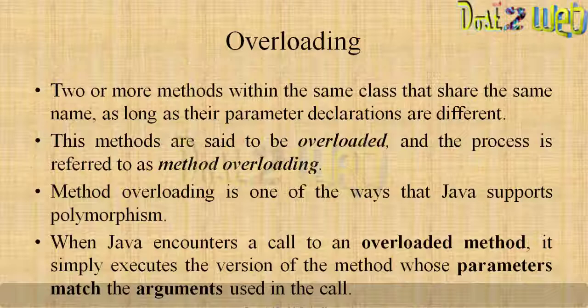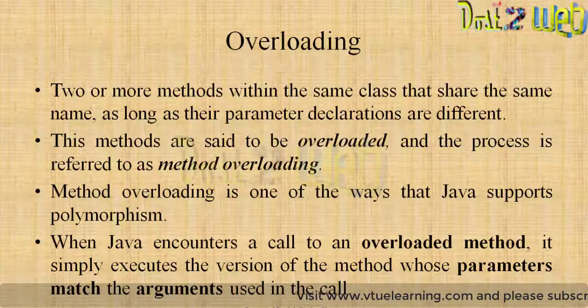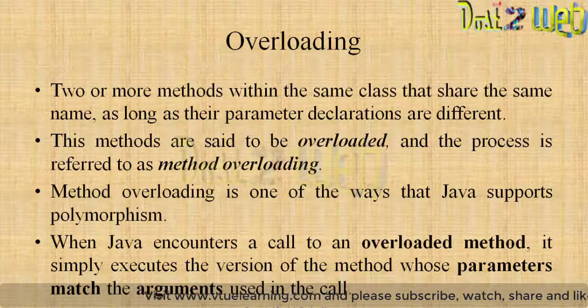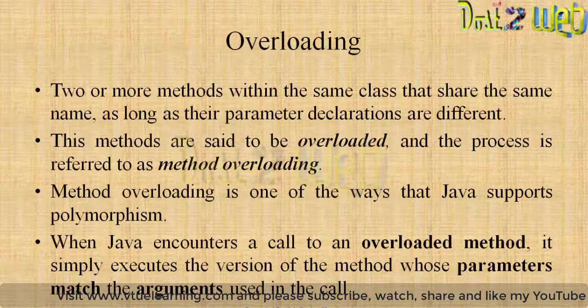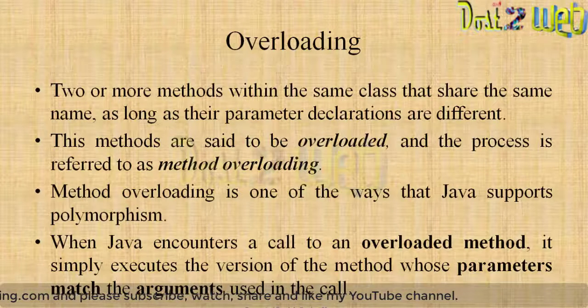So what is the meaning of this? The meaning is very simple. When you execute the program and you have used the method overloading concept, with the same method name but different types of parameters, then during execution the arguments are checked: according to how many arguments have been passed, the matching method will be called and executed.